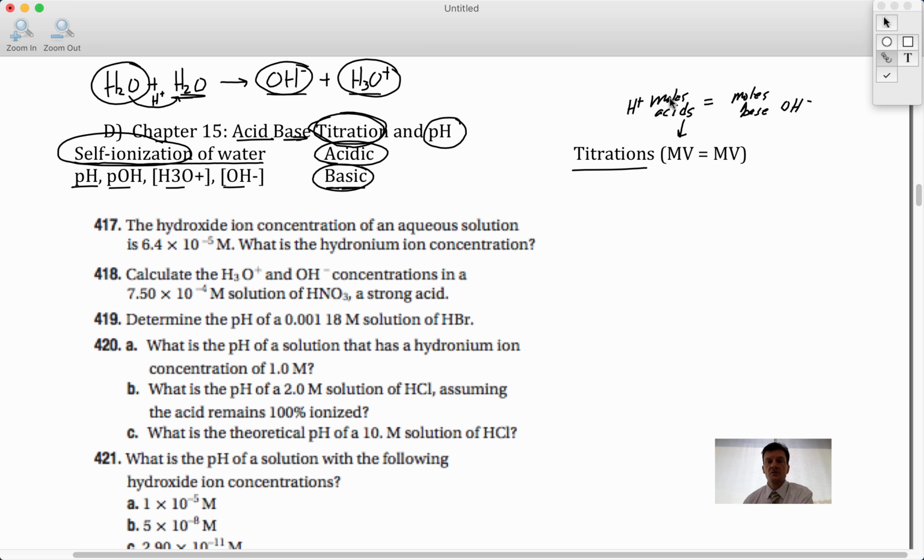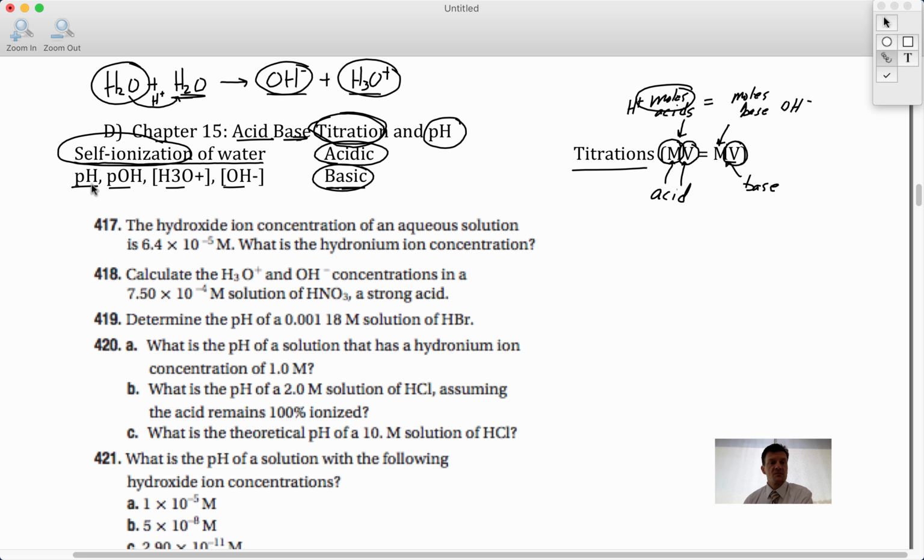And to find moles, molarity, concentration times volume, gives you moles. So this would be for the acid, and over here, this would be for the base. We can set those two equal to each other and then find an unknown value. So you might be given the concentration of the acid used in the titration. You might be able to find the volume of the acid that gets you to the end point. You might be given the volume of the base that gets you to the end point, and then have to find the concentration of the base, for example. Okay?